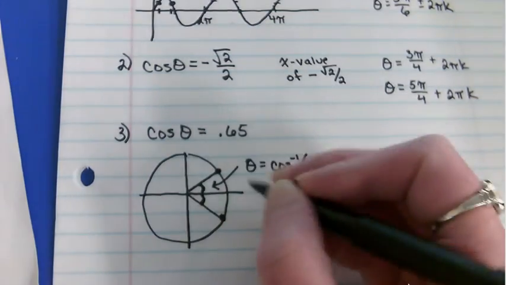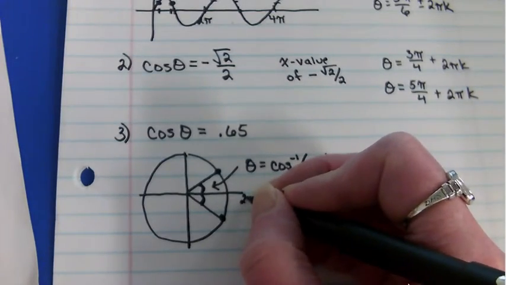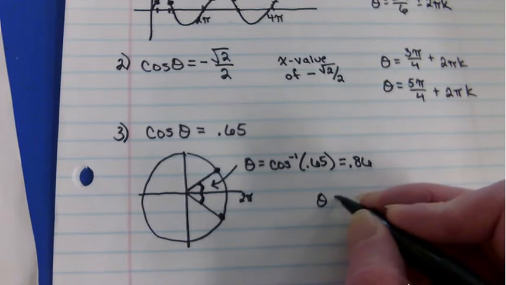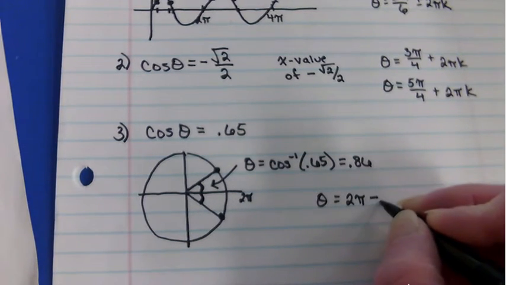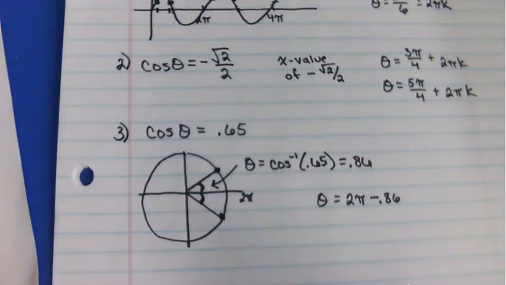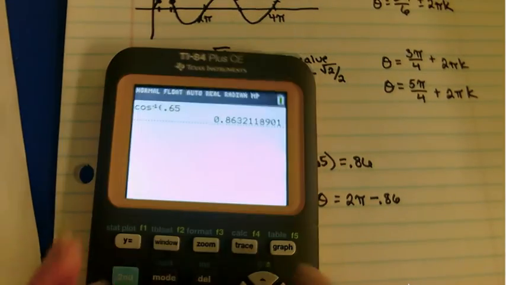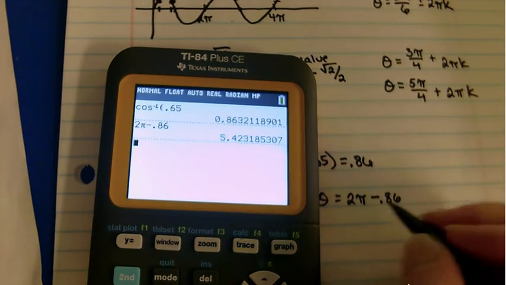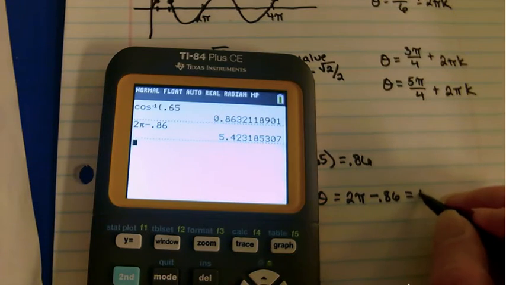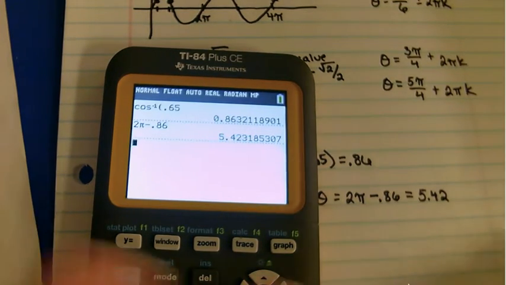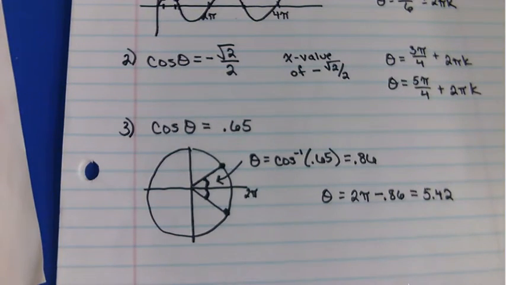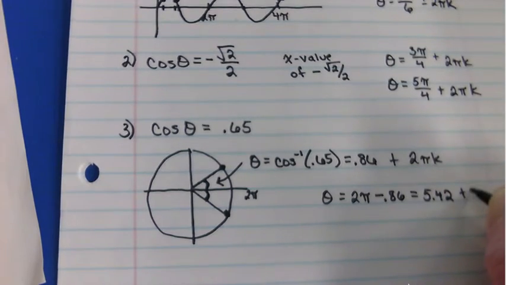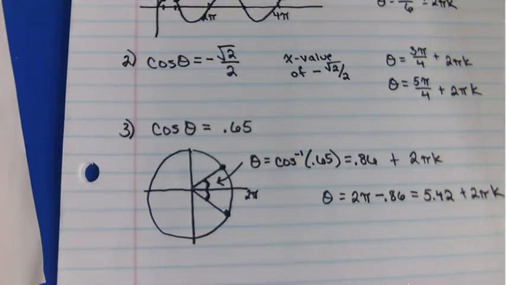Well, remember, all the way around the circle would be 2 pi, right? So the other angle would be 2 pi minus 0.86. That gives me my other angle, 5.42. Now, I have to tack on plus 2 pi k. Every single time.